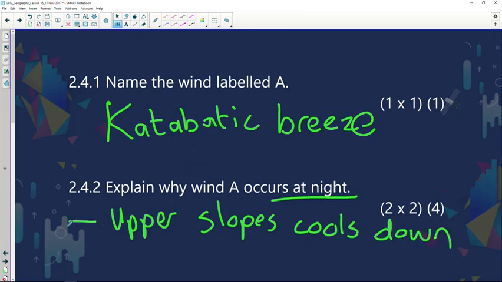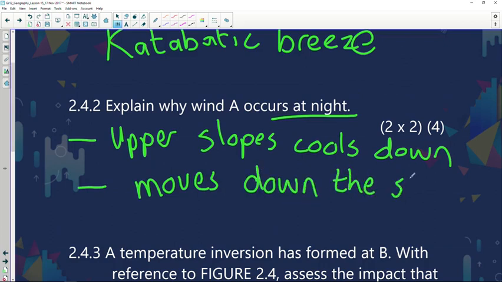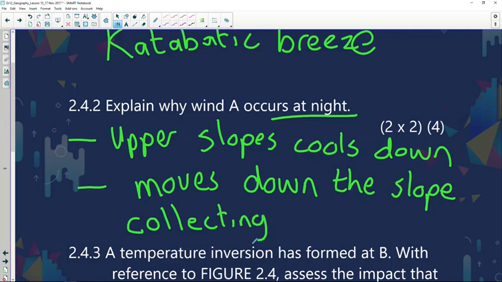That's your first reason, and another reason is because the air cools down and it moves down the slope, collecting in the bottom of the valley. A temperature inversion is formed at B.